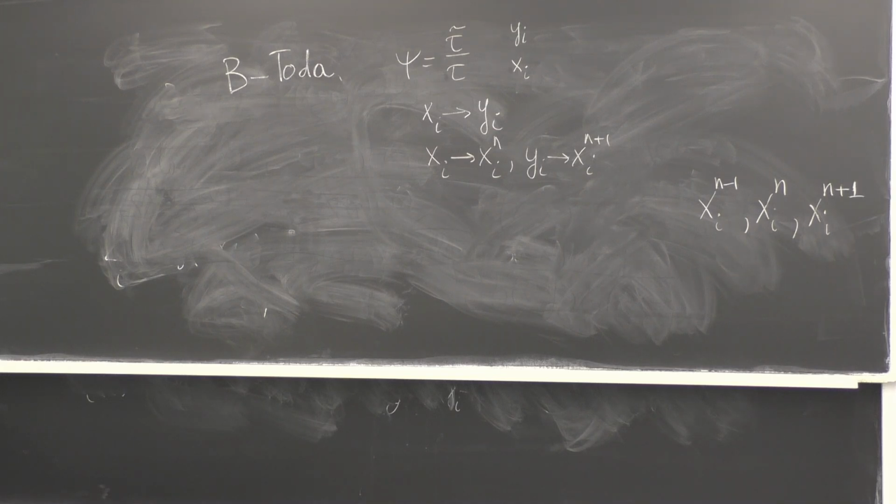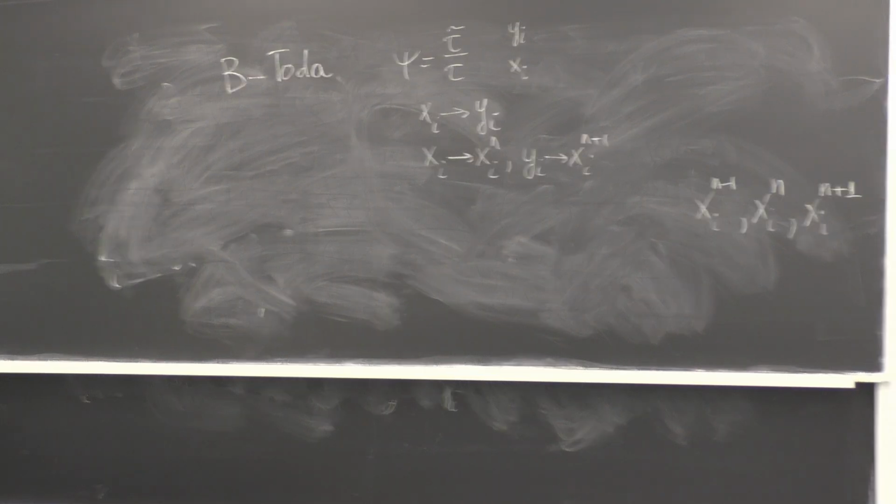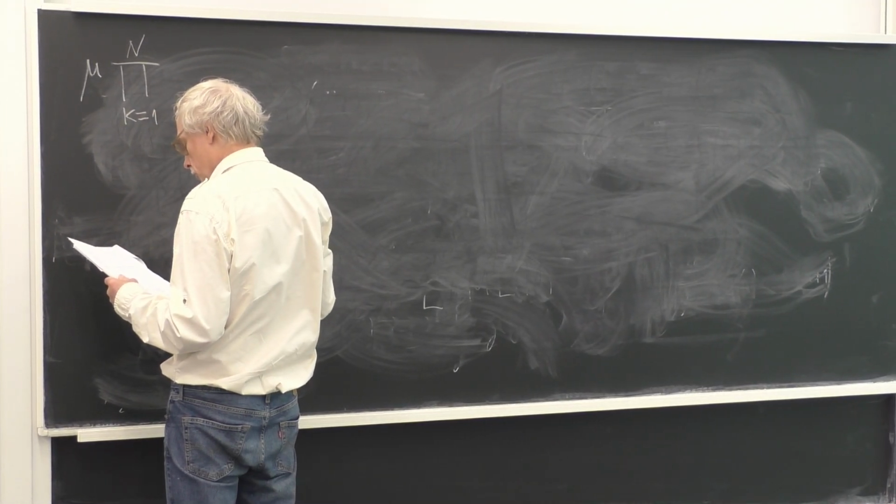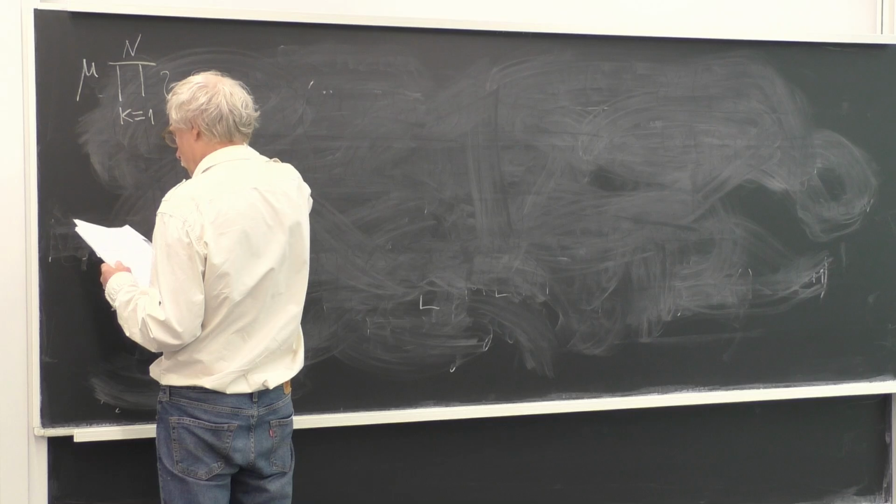Mu is some parameter which is related to the lattice spacing of the time lattice. In the Ruijsenaars-Schneider model, it cancels, does not enter the equation explicitly, but here it appears explicitly.